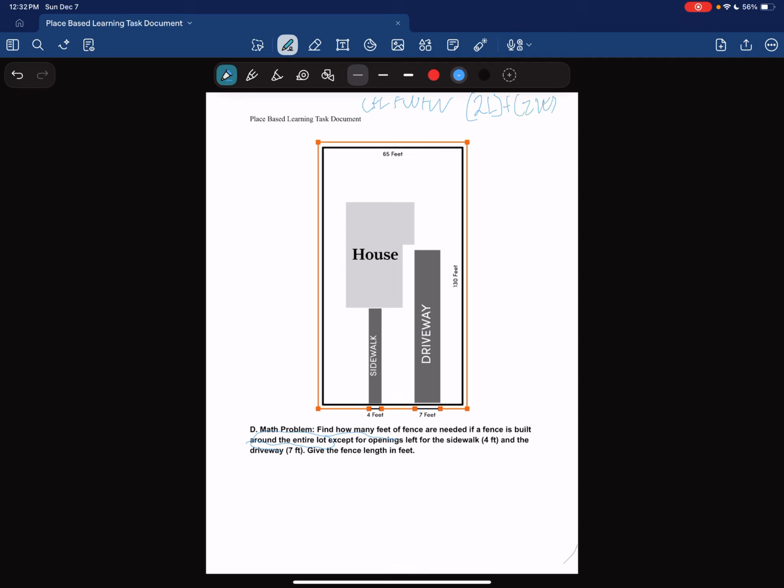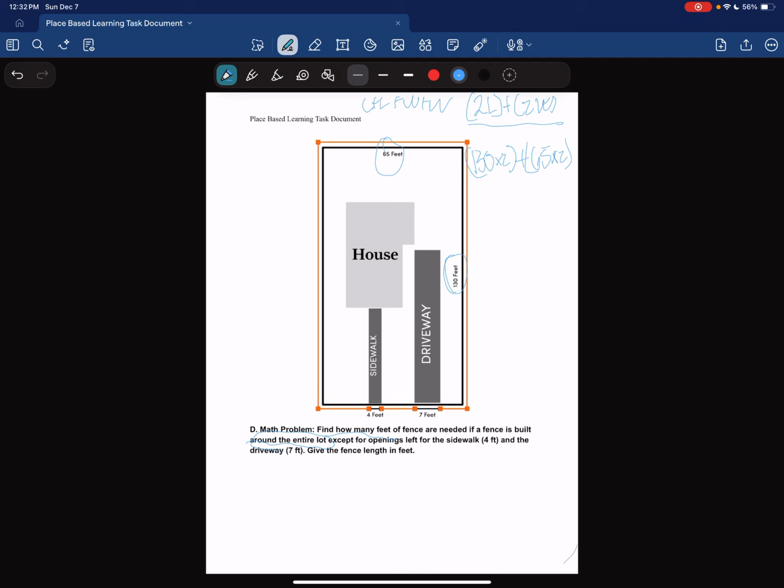I'm going to solve it both ways, and I'm going to start with this one because it's a little bit easier and has fewer steps. So we're going to do 2 times the length, which is 130 feet, so 130 times 2, and add that to 2 times the width, 65 times 2.